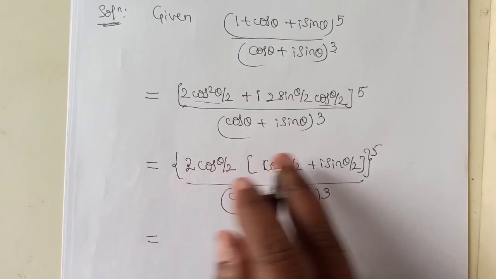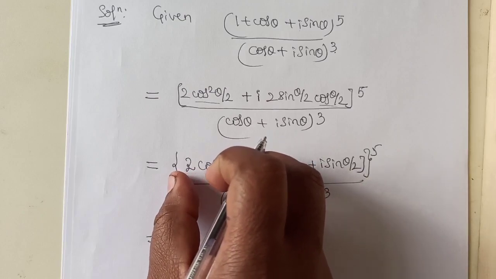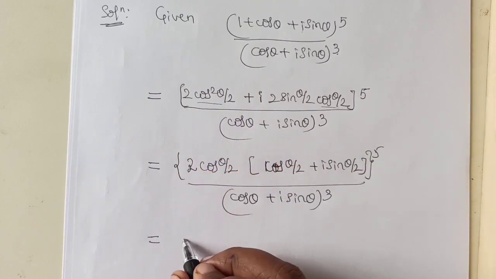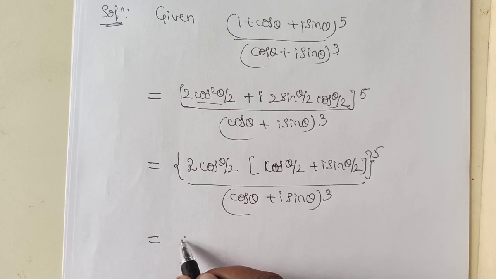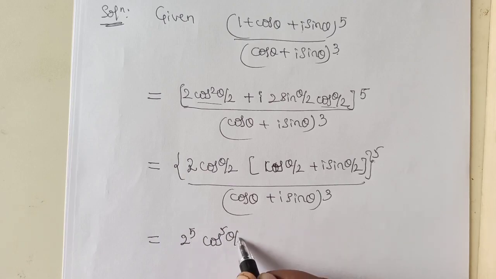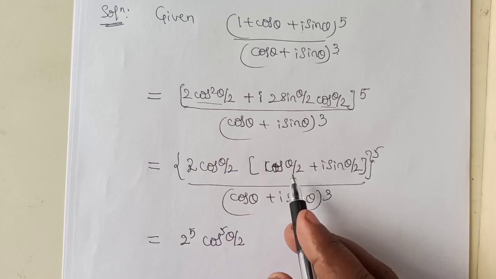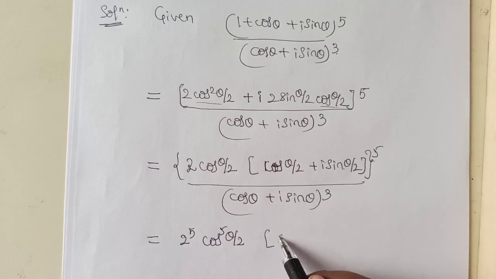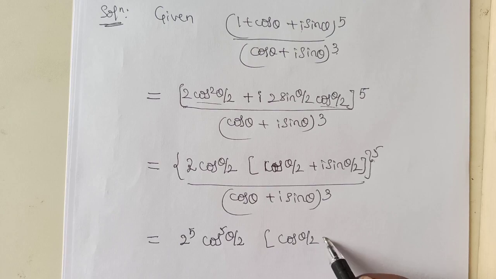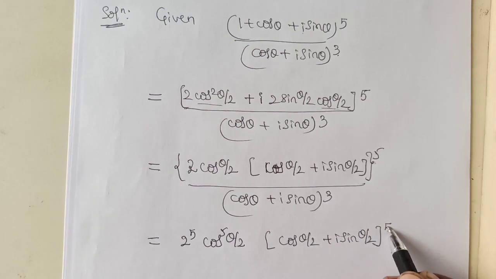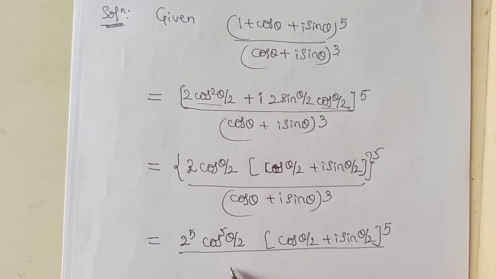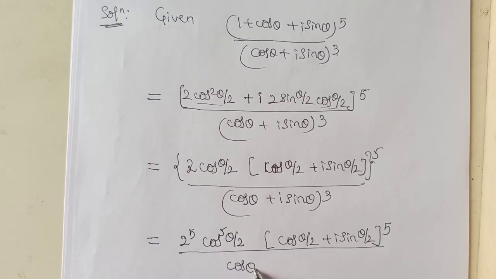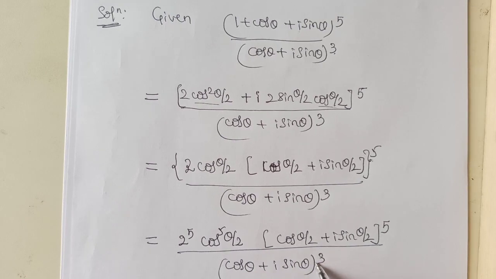Further simplifying, adding powers to these two terms separately, we get 2^5 cos^5(θ/2) times (cos(θ/2) + i sin(θ/2))^5, over (cos θ + i sin θ)^3.